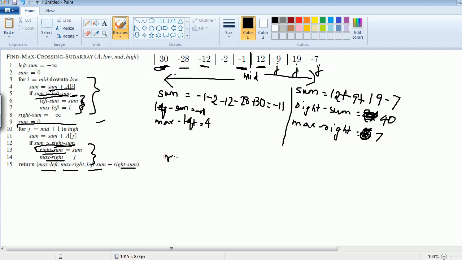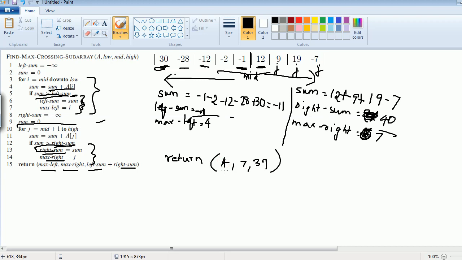We will return max left 4 comma 7 comma 40 minus 1, 39. So this is the maximum sum subarray such that we cross a certain point mid for this example.